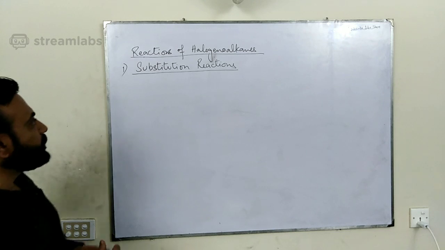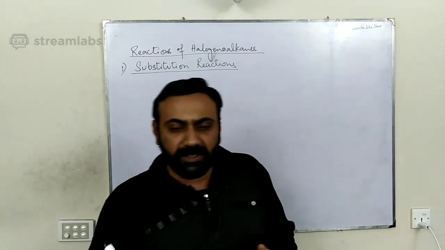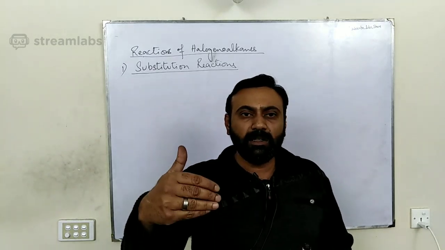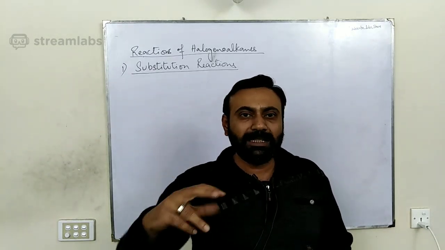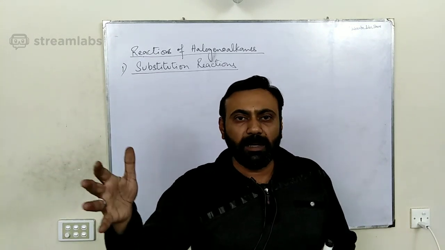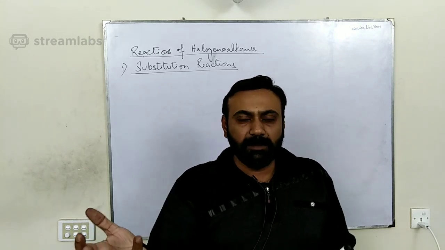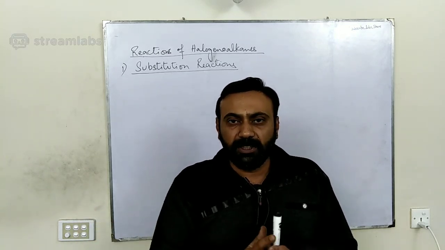Okay, now moving on to substitution reaction. You already know what substitution reactions are. When one atom or a group of atoms replaces another atom or a group of atoms in an organic compound, it is called a substitution reaction.